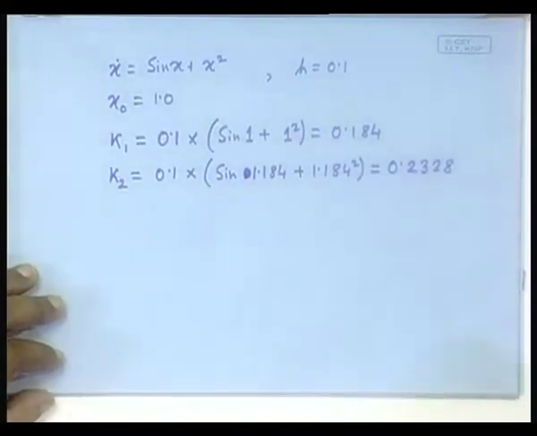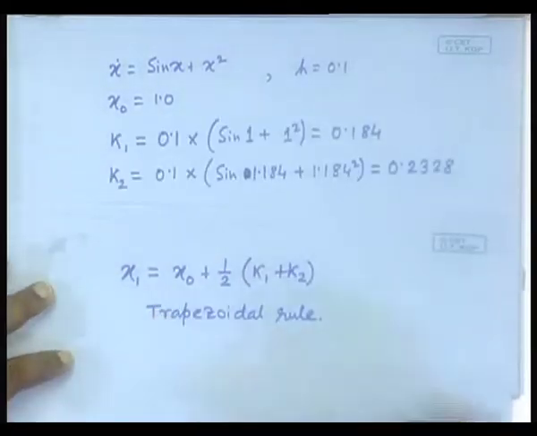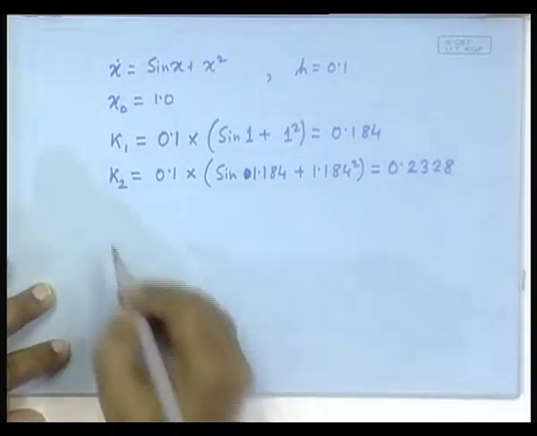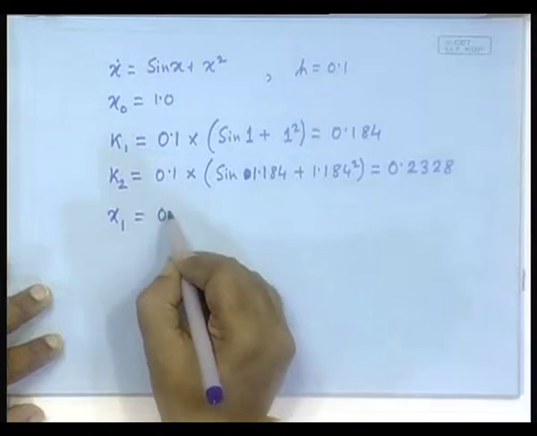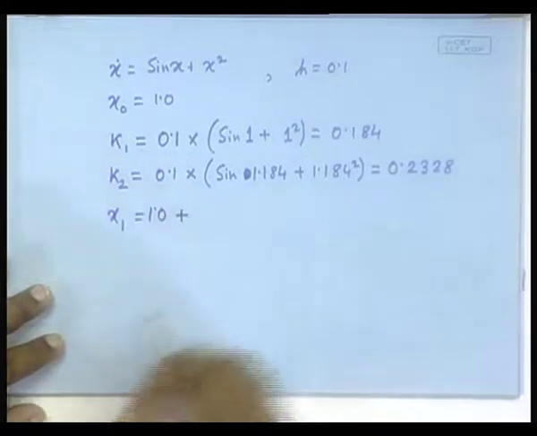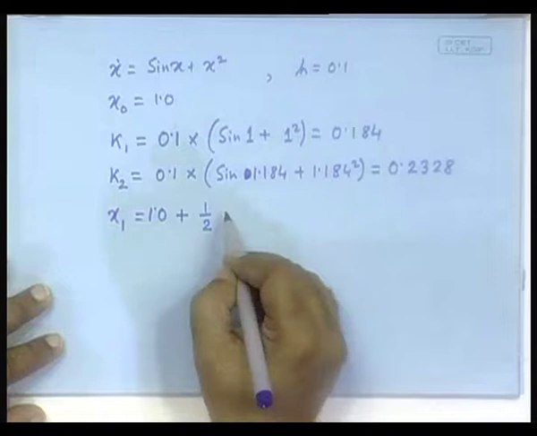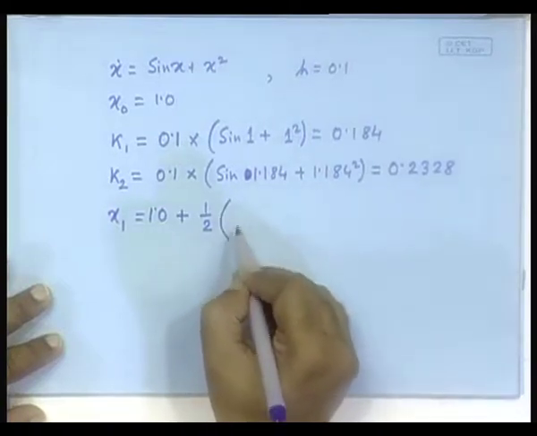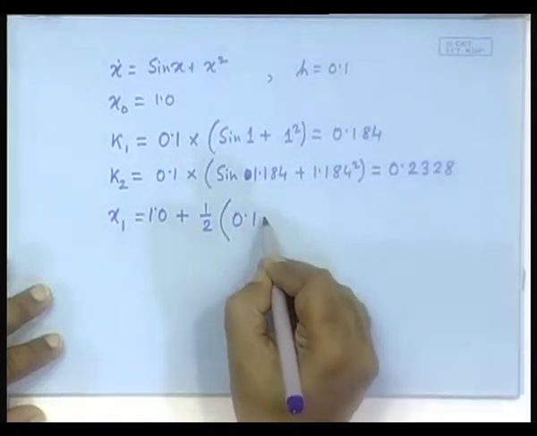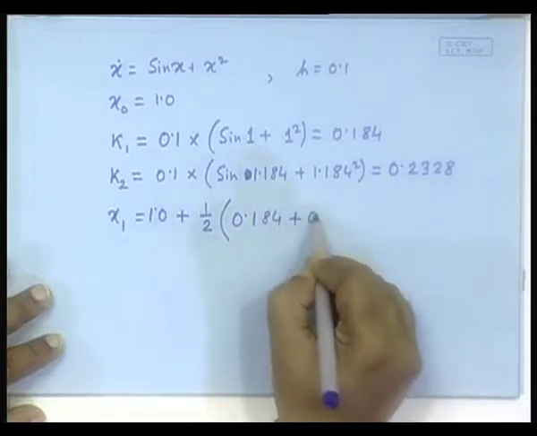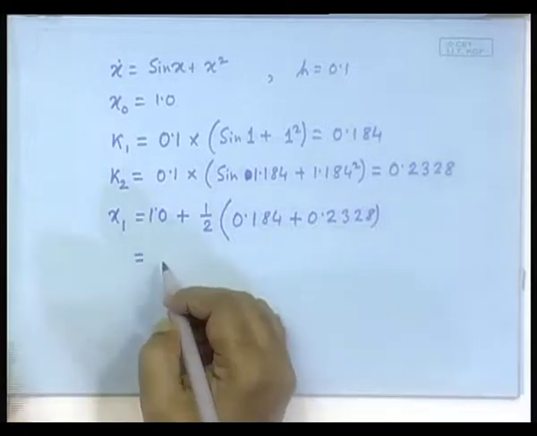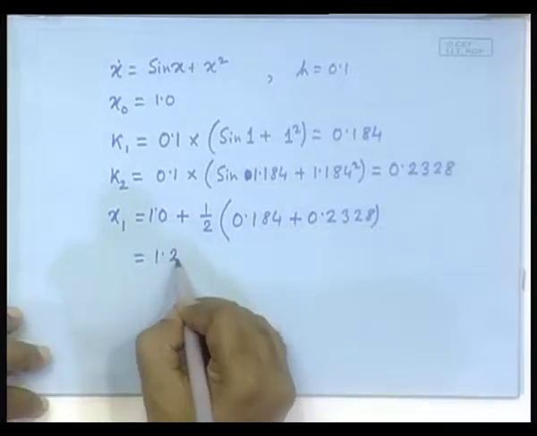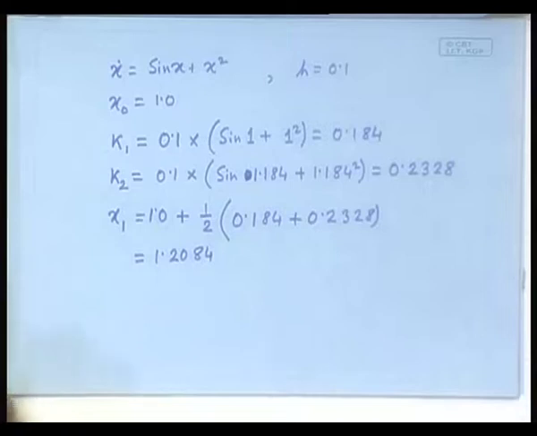Once we have calculated this, we can substitute in this equation to obtain x1. x1 is then x naught, which was 1.0, plus half of k1 plus k2, 0.184 plus 0.2328, is equal to 1.2084.